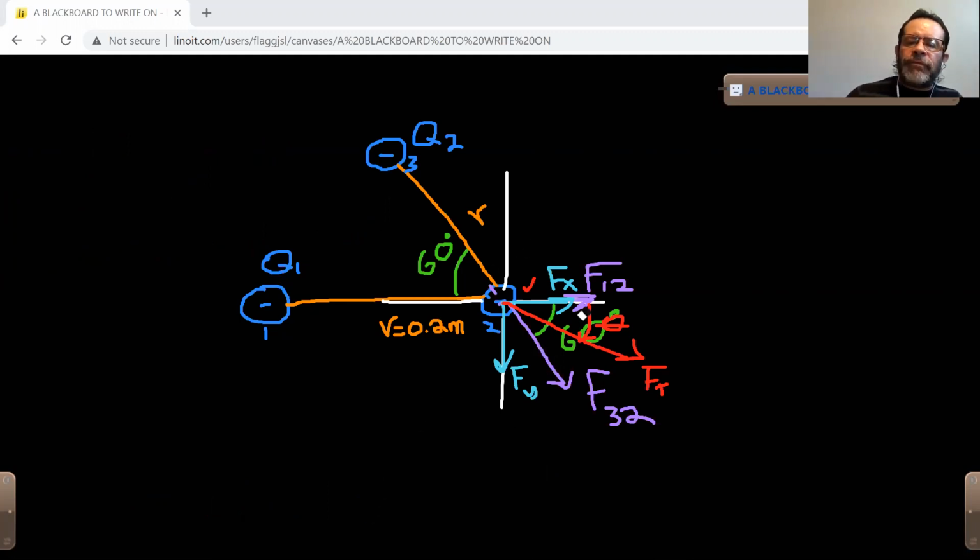We already did the free body diagram for Q2. Now let's see what's happening with Q1. So first thing, I'm going to do the free body diagram. And now for this analysis, remember, I'm only looking at Q1, and what's happening in Q1.